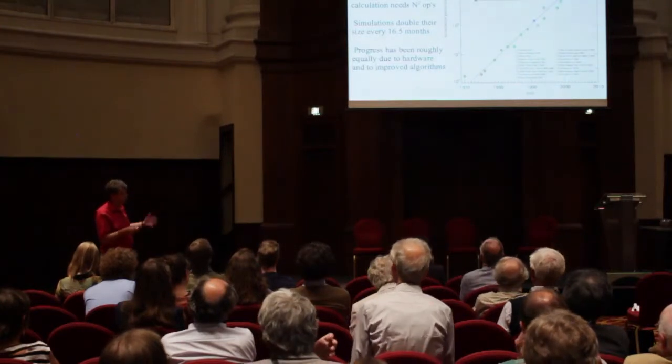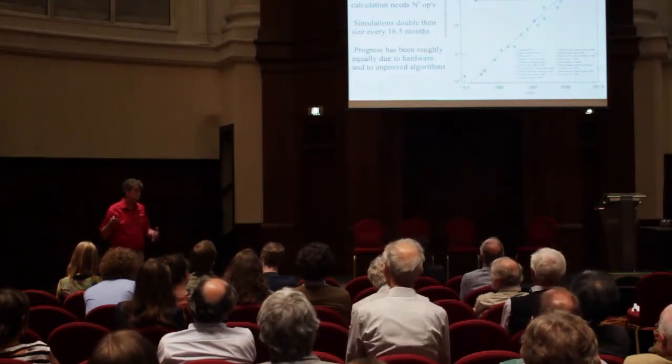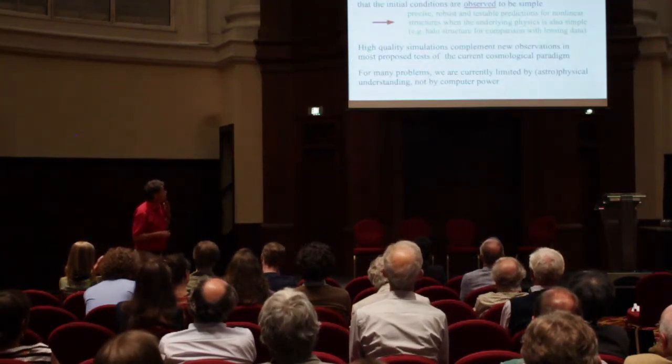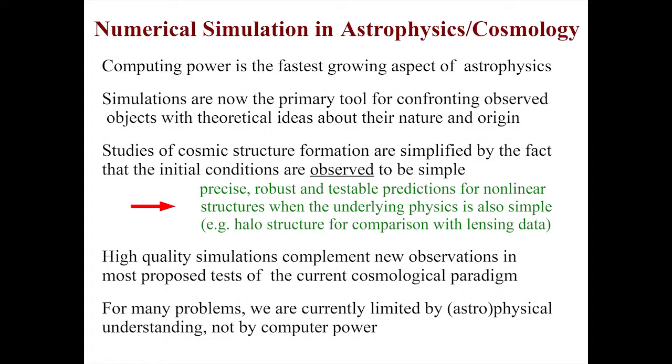The progress here is roughly equally due to the hardware, the computers themselves, and to the algorithms, which have also been improving. So I think we can say that computer power is the fastest growing aspect of astrophysics, in the sense that the capabilities are doubling every 18 months. Whether we learn something new, of course, is debatable, but anyway.